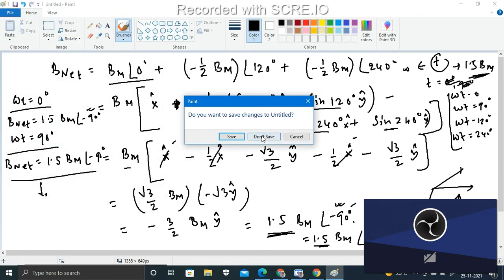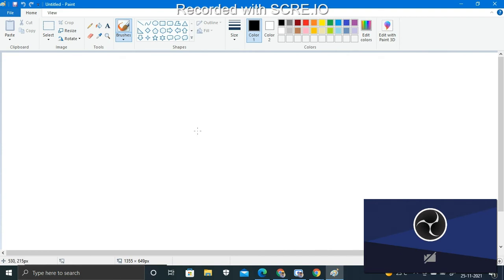We are having two unit vectors, one is x and another one is y. This is for the x direction, and this is for the y direction.